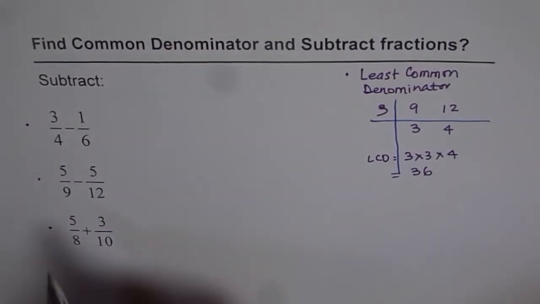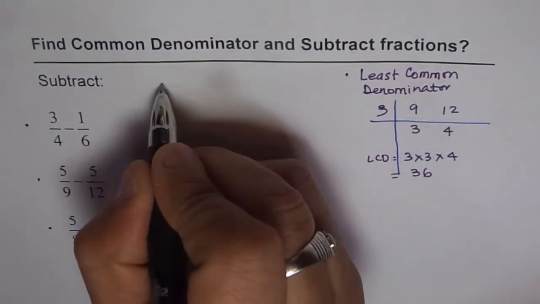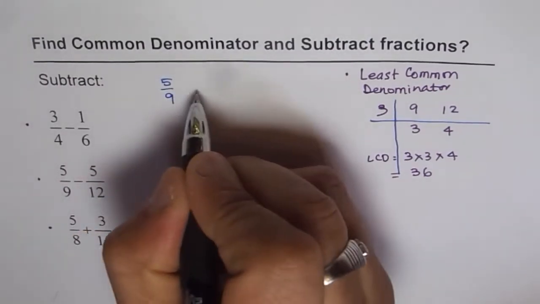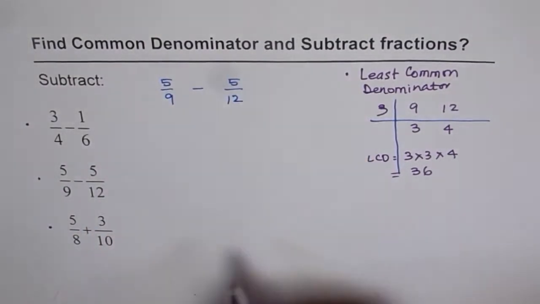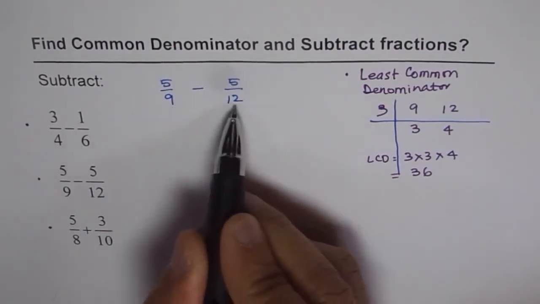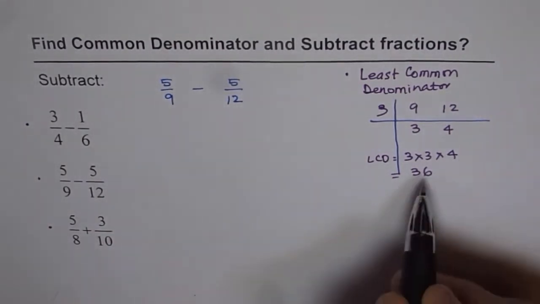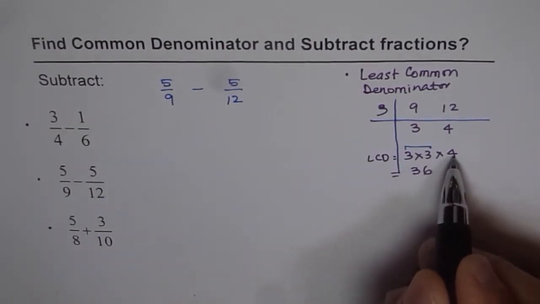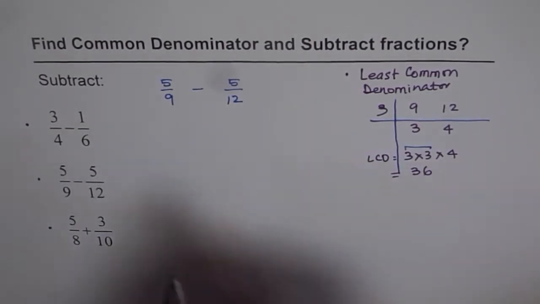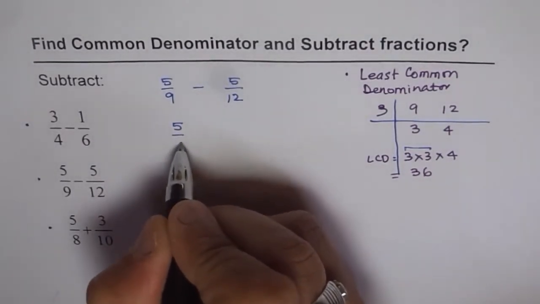Now we are trying to solve the question here. 5 over 9 take away 5 over 12. Now we got to make the denominator common to 36. How can we do it? Now 3 times 3 is 9. If I multiply by 4, I can make it 36, right? So that is how we will do it.